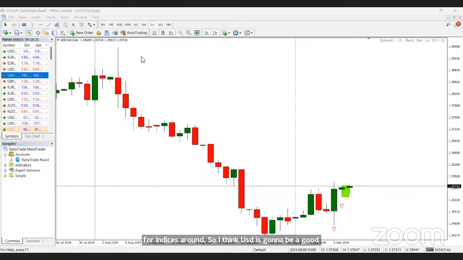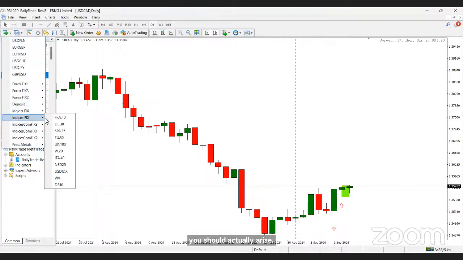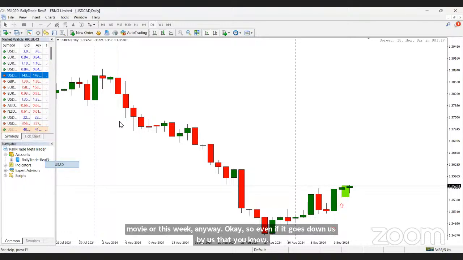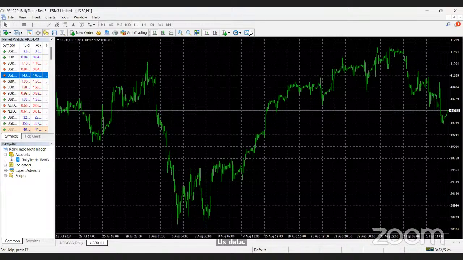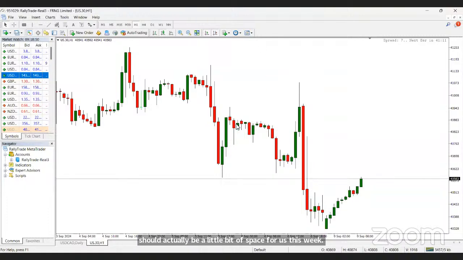I've not checked, but I feel that US30 should actually rise this morning or this week anyway. Even if it goes down, it should actually be a little bit of retracement for US30 this week. Candlestick, you can see it already pushing up to the upside. So I think this one is also going to go up the way I see it.